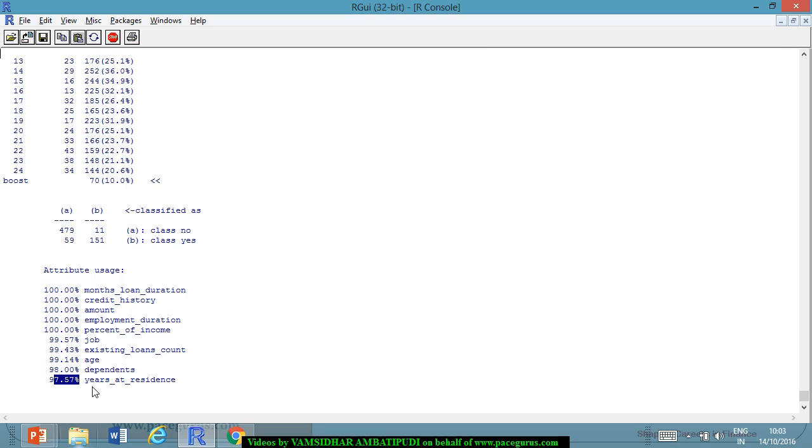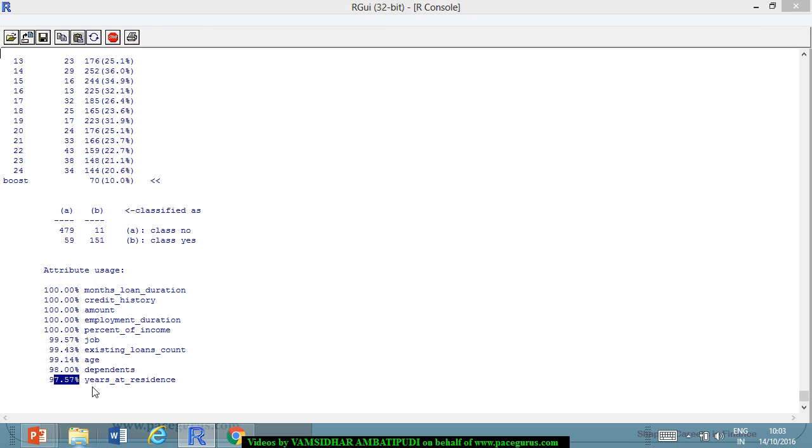So the 10 variables are used in this kind of proportion to finally arrive at this confusion matrix associated with the training model. It is not based on the testing model, it is purely based on the training model itself.